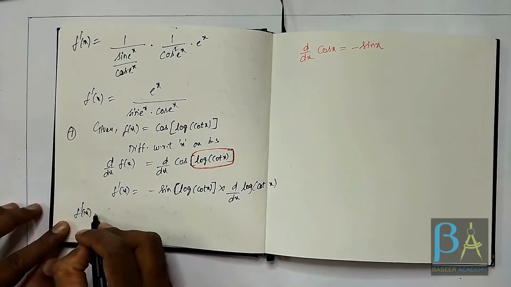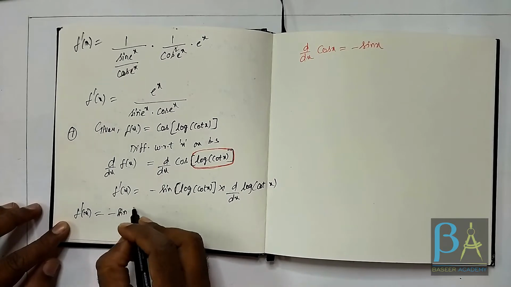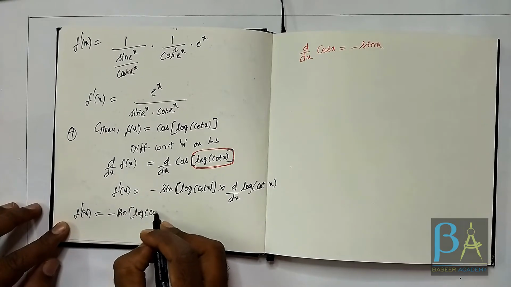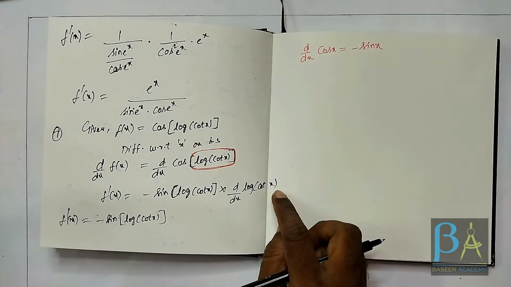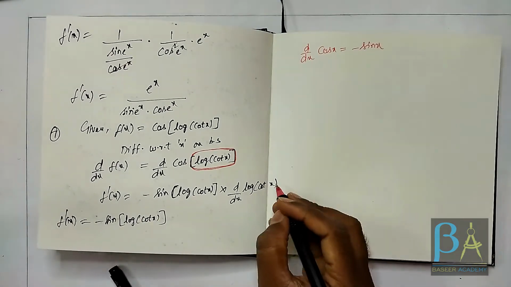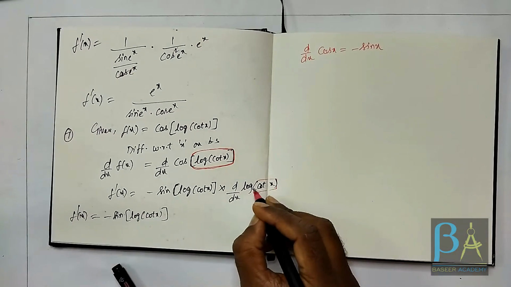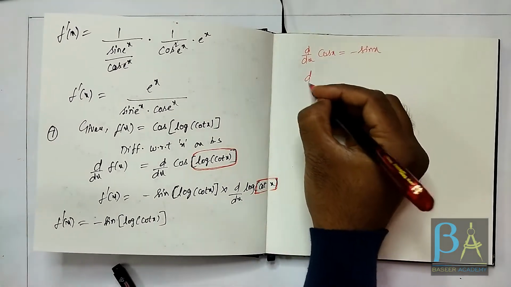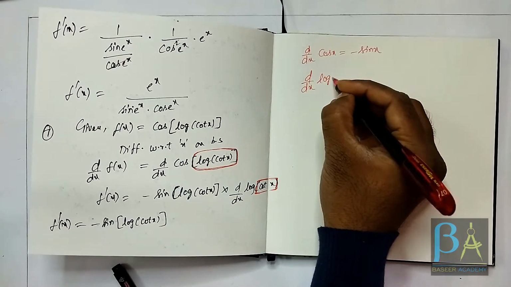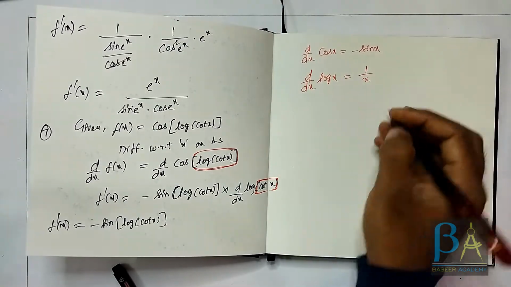F dash of x is equal to minus sine log of cot x d by dx of log of cot x. I don't know how to do this. Let us assume this thing as x. So in our mind I'm going to assume this as x, and you know that d by dx of log x is 1 by x, isn't it?